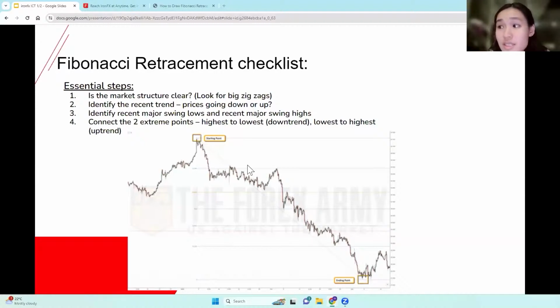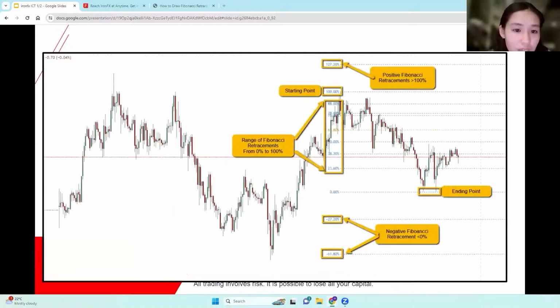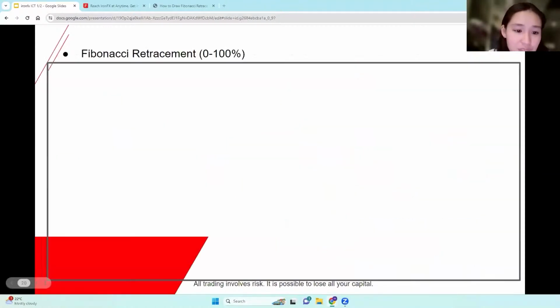Since this is a downtrend, your starting point is at the swing high and your ending point is at the lowest swing low. Here you can see all the different Fibonacci numbers that we mentioned in the previous slide. For the ICT, we are focusing on 61.8 and 78.6, but it's basically the same thing.